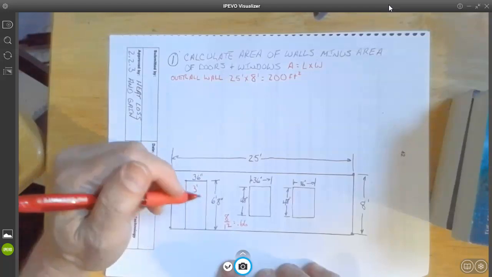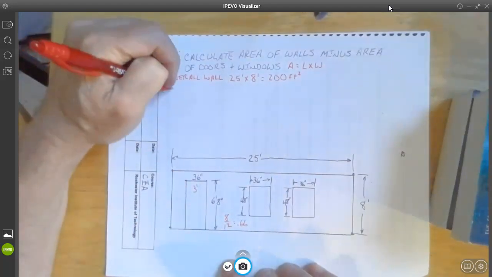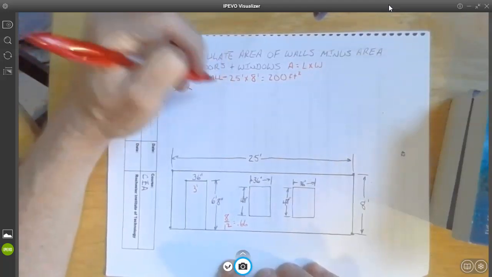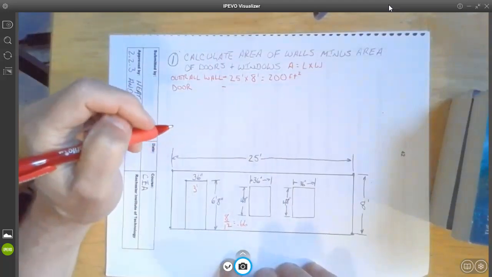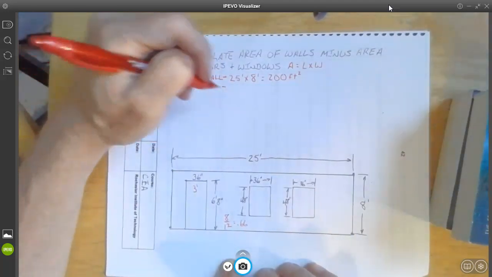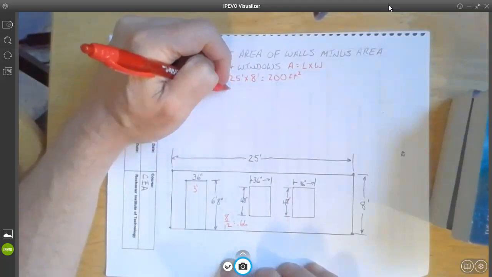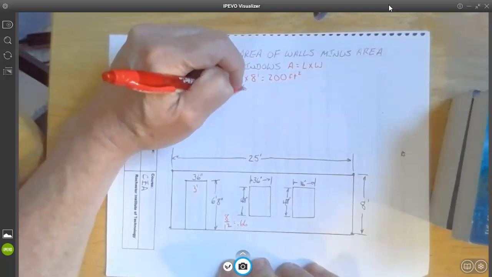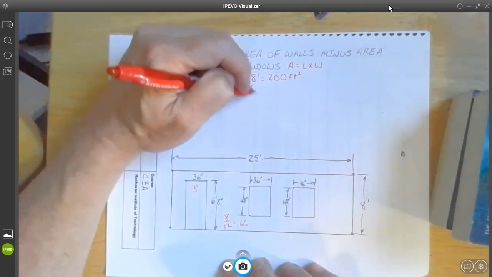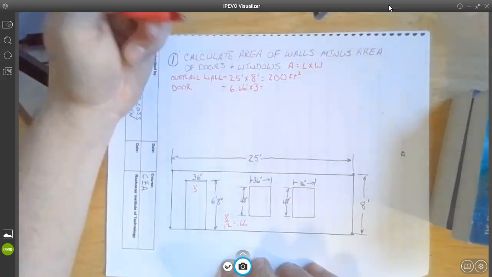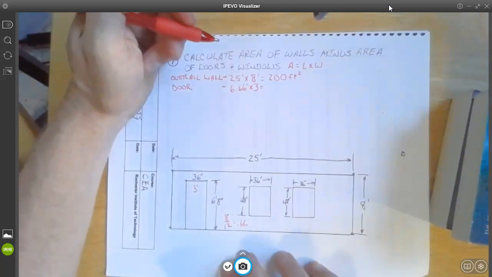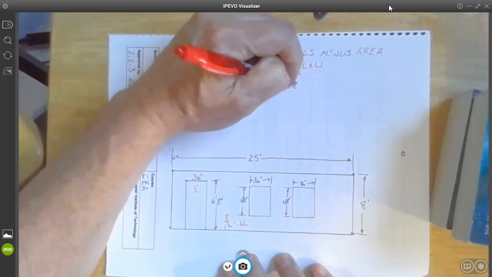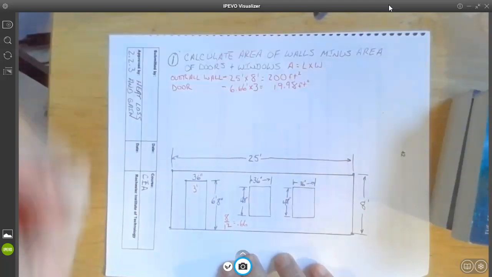So this is going to be for the door, and this is going to be, sorry, it's 6 feet, so it's 6.66 feet tall times 3, and that's going to give me, when I do the math, 19.98 feet squared.